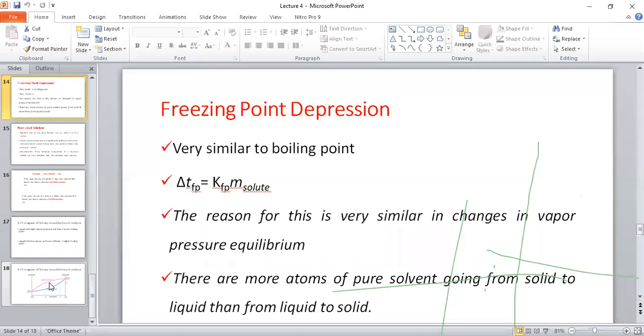So we're talking of vapor pressure equilibrium. The reason for the freezing point depression is that there are more atoms of pure solvent going from solid to liquid than from liquid to solid.